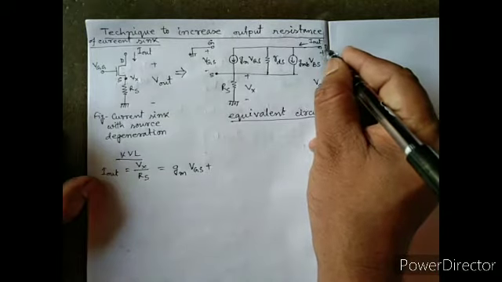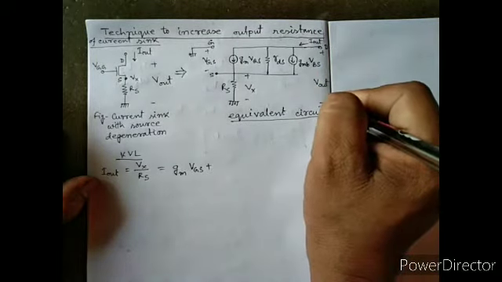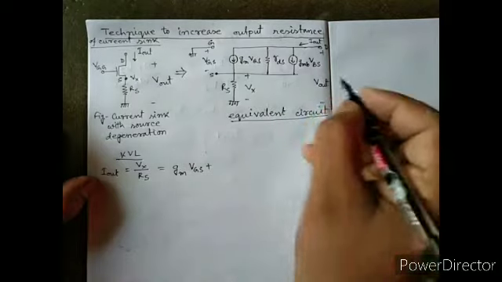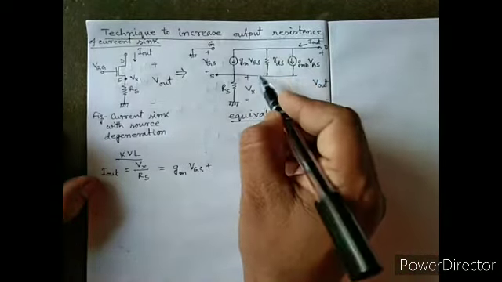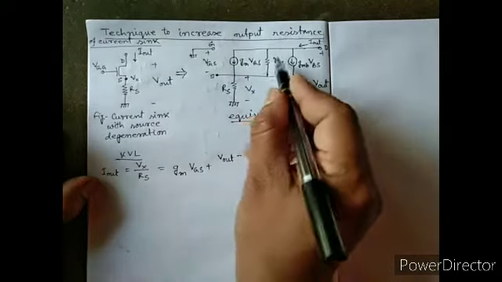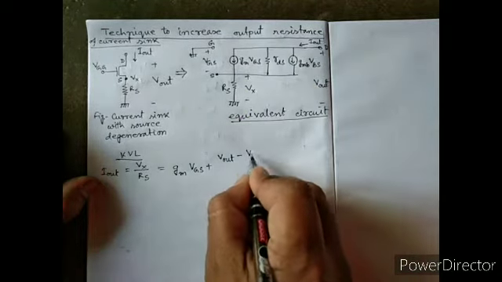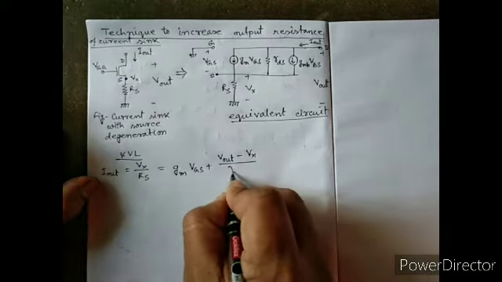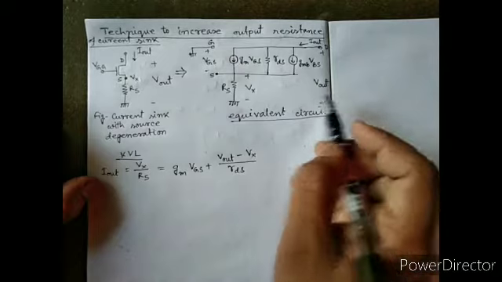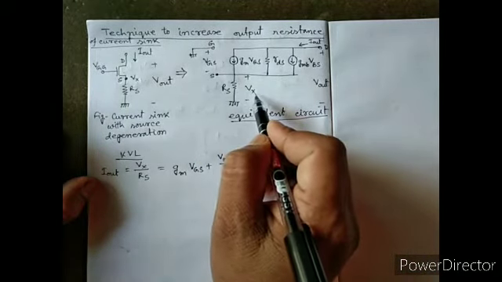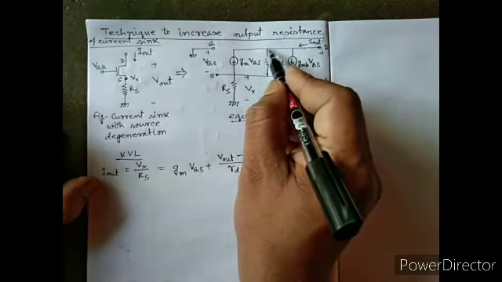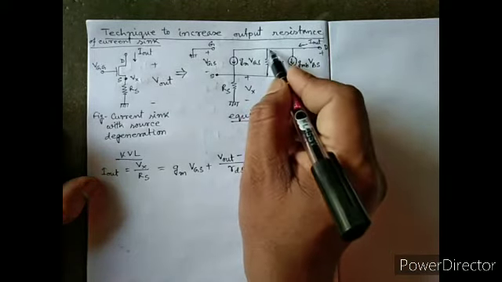The potential difference between the drain terminal and ground is V out, and the potential drop across RS is Vx, so V out minus Vx drops across rds.